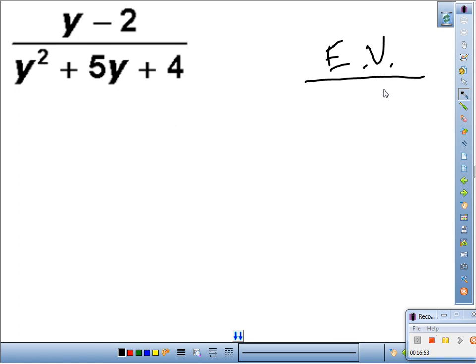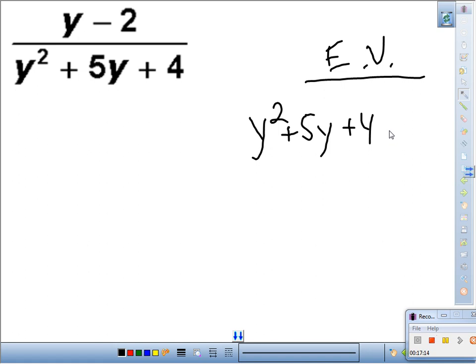Tell me what to write, please. Jerry. So, y squared plus 5y plus 4. That is correct. Everybody there so far? Yeah, because it has to be equal to 0.